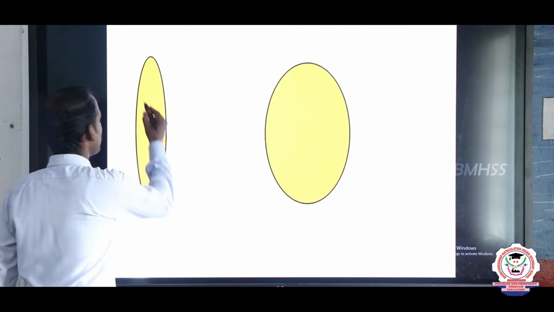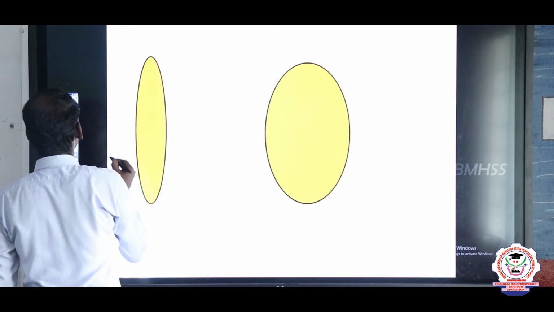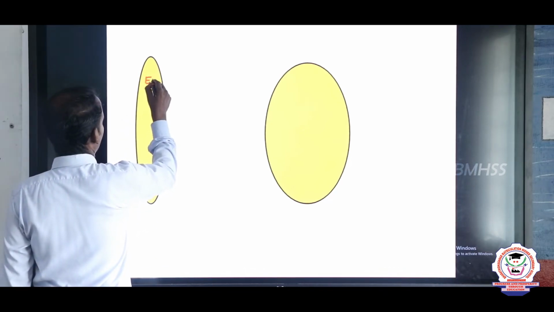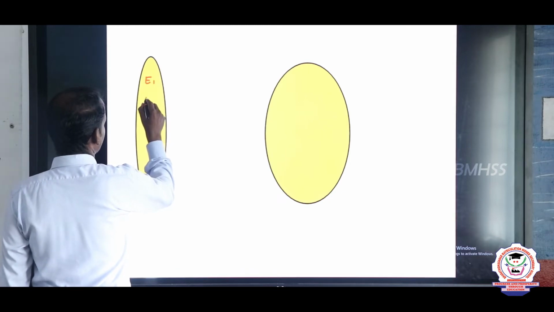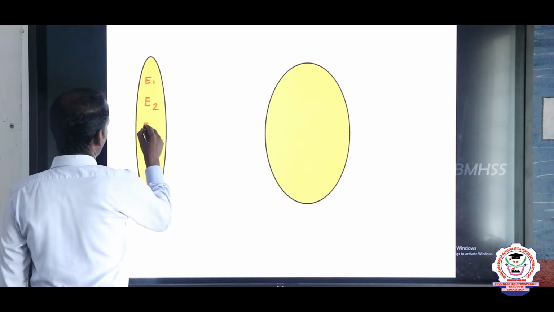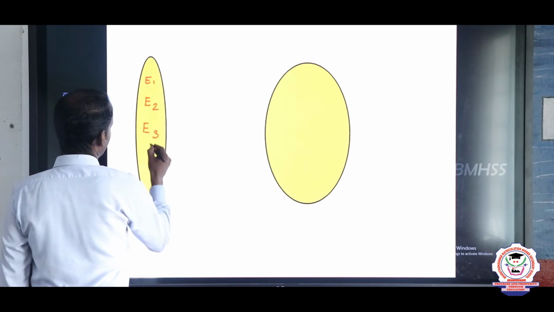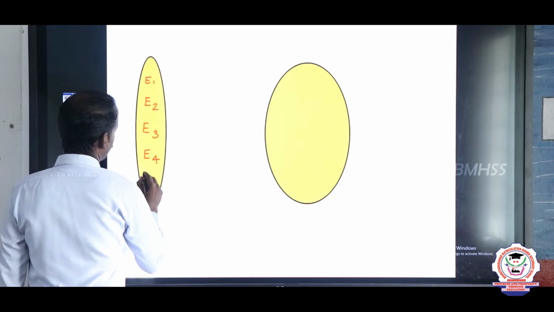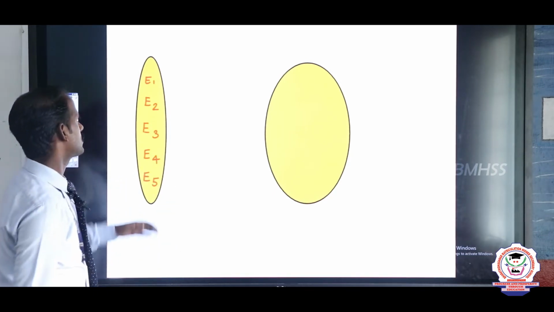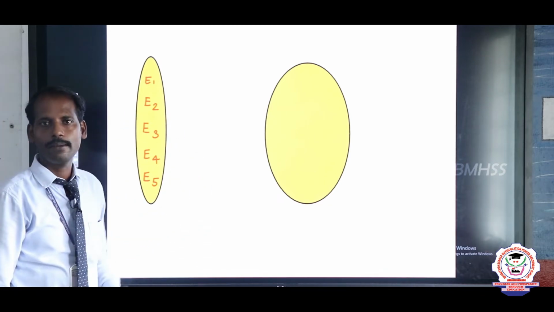The first employee is denoted E1. Second employee E2. Third employee E3. Fourth employee E4. Fifth employee E5. So let us consider 5 employees.